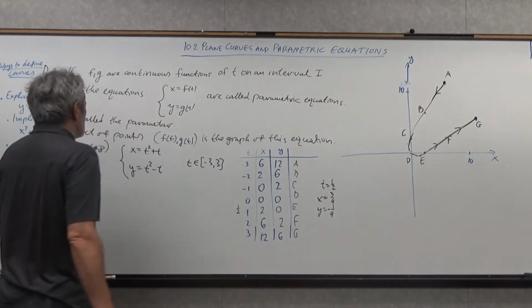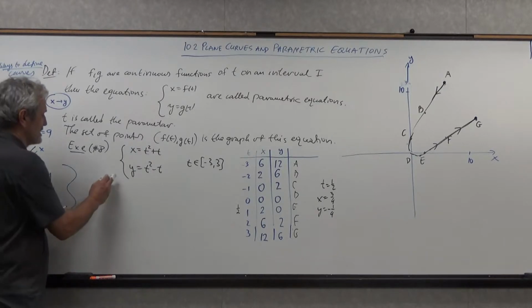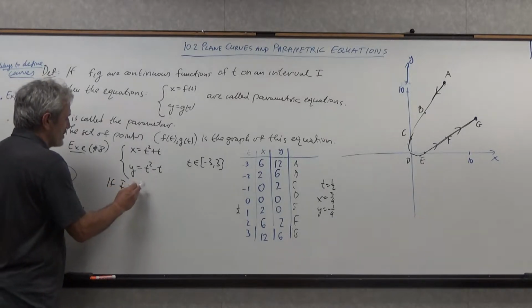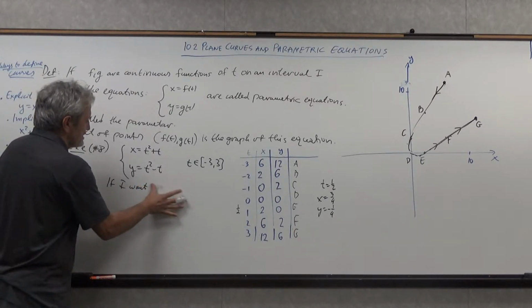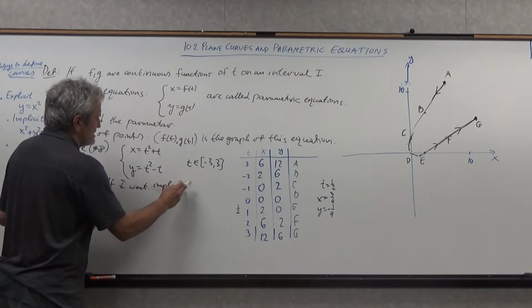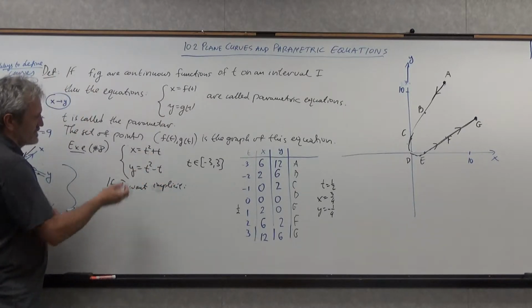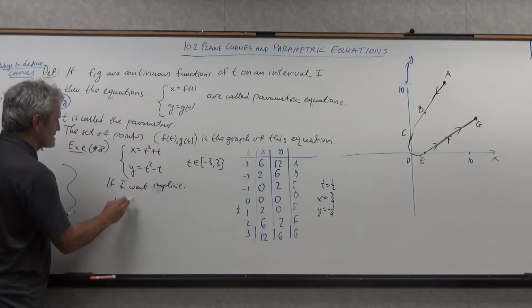How would the elimination go here if I want to eliminate t implicitly, not explicitly? What can I do? I can, for example, subtract to get rid of t squared, so I get x minus y.